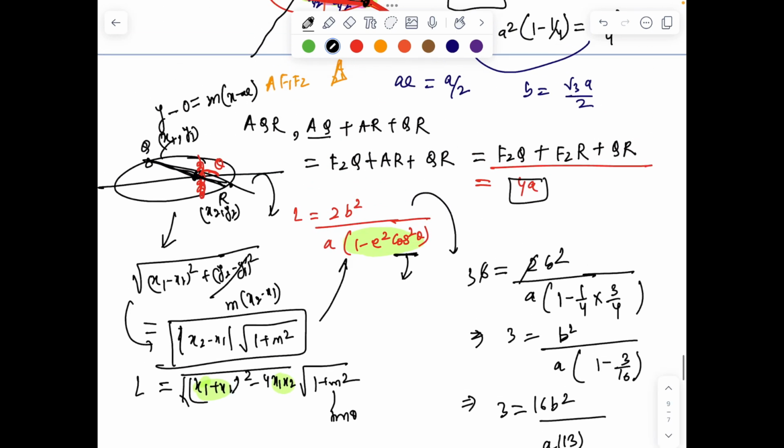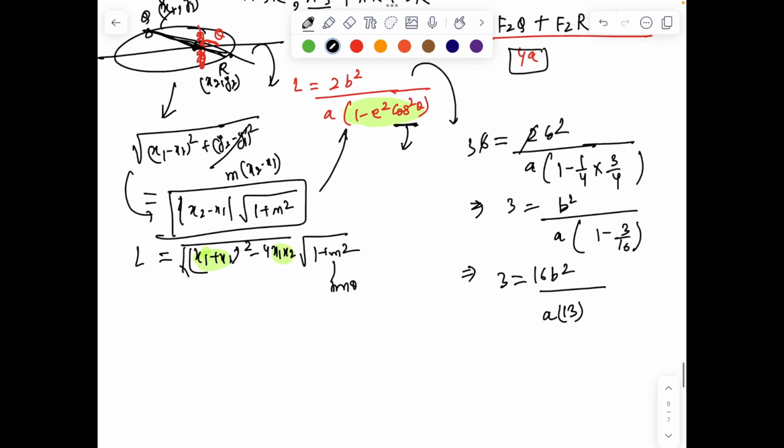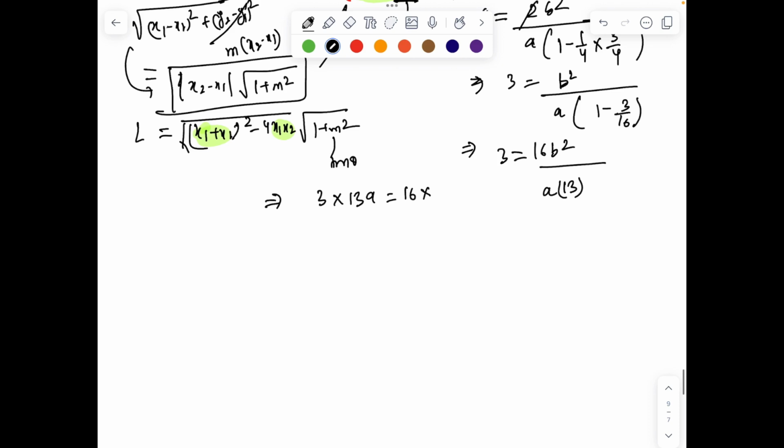This value. Now what is b²? Since I have already seen b² equals 3a² by 4, let's just put the value of b². So 3 into 13a equals 16 times 3 by 4 a square. From here 3 gets cancelled, a gets cancelled, and we are left with 4a equals 13.